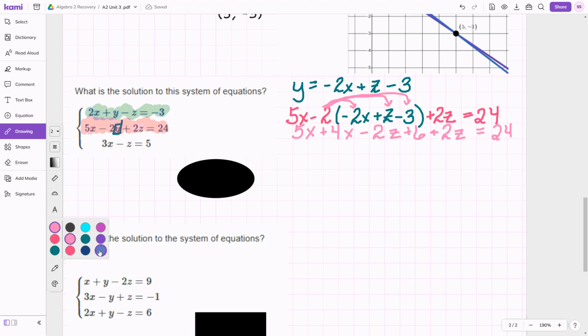If you notice right here, the 2z minus 2z and the plus 2z cancel out. I can combine the 5x and the 4x. I'm just checking my work to make sure. And I get 9x plus 6 equals 24.